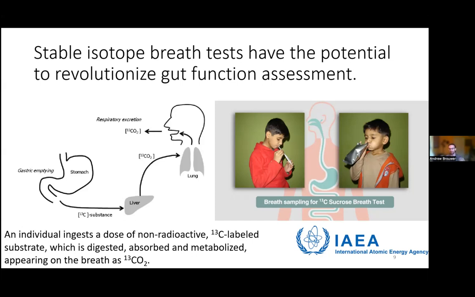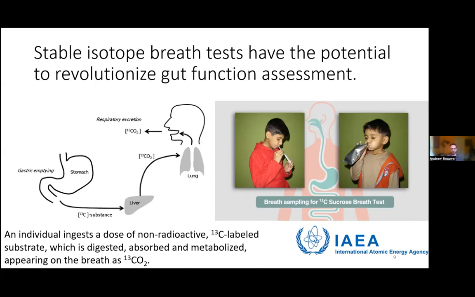These stable isotopes are not radioactive. There's no functional difference from the body's perspective. They are digested, metabolized by the liver, and come through the blood and are exhaled on the breath as stable isotope carbon dioxide.